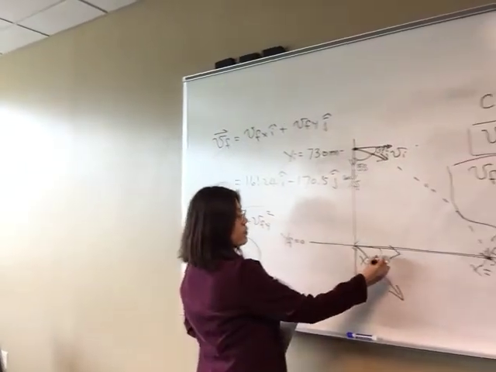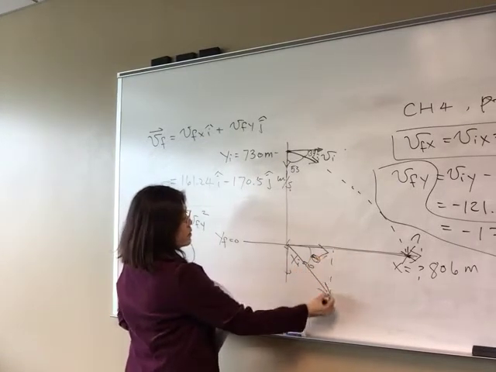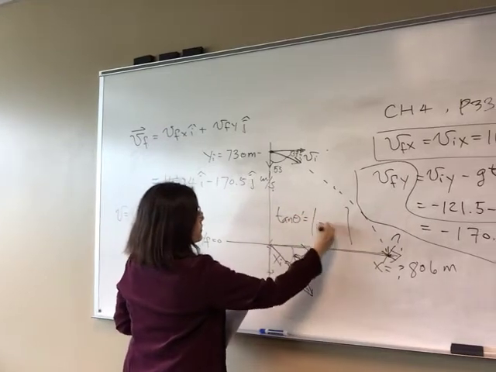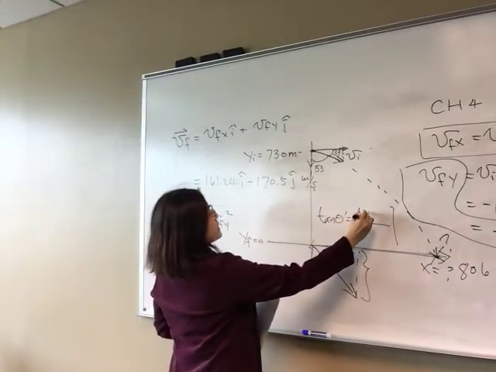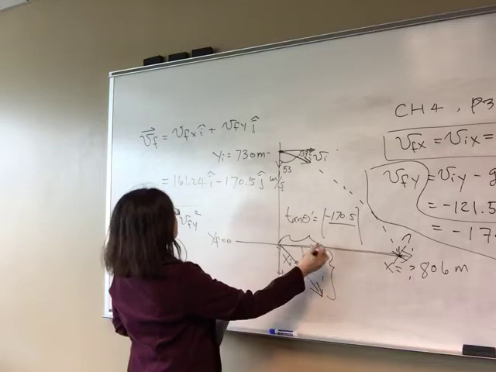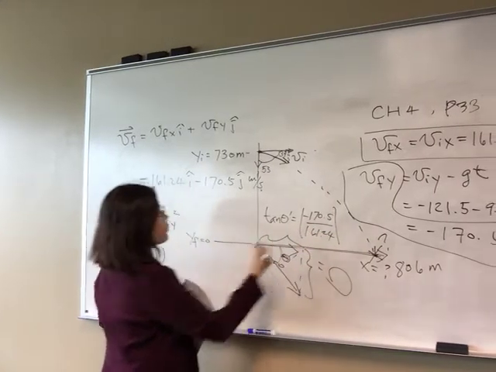You can define this angle theta and then use a small angle notation, using tangent. Let's say you want to find this angle theta prime, so you will have tangent theta prime, absolute value, equal to opposite, which is the negative y component, over the adjacent, which is 161.24, and then you can calculate what your theta prime is.